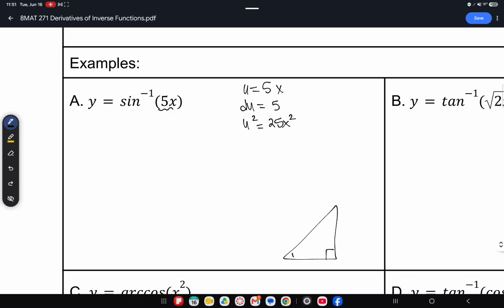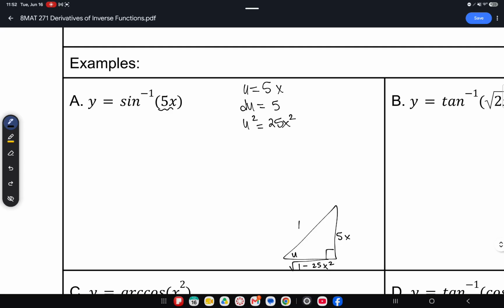So if we say this angle here is u, sine is always opposite over hypotenuse. So if u is 5x, we're going to have 5x over 1. And then we could do the Pythagorean theorem here, right? It would be the square root of 1 minus this side length squared, which is that 25x squared.